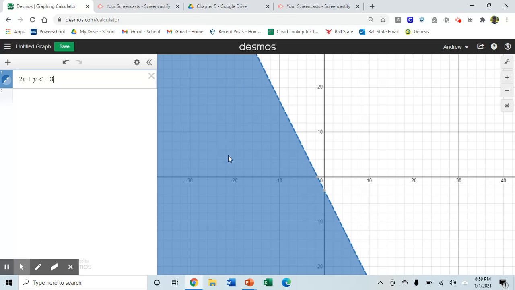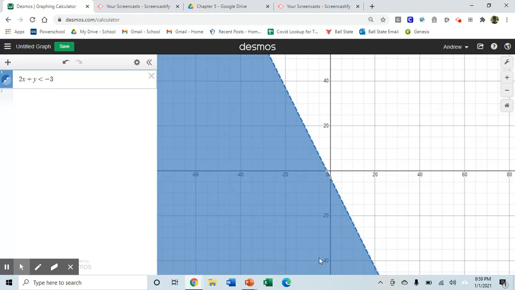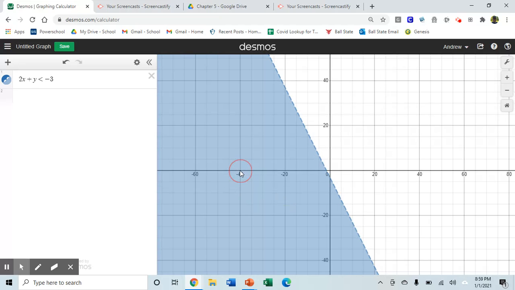And notice that this entire region in here, any ordered pair in this region, and it goes on forever and ever, is a solution. So for example, negative 20 comma negative 10 is a solution here. Okay, negative 40, 0 is a solution. Negative 20 comma 5 is a solution. 20 comma 5 is not a solution. All of these points are solutions.